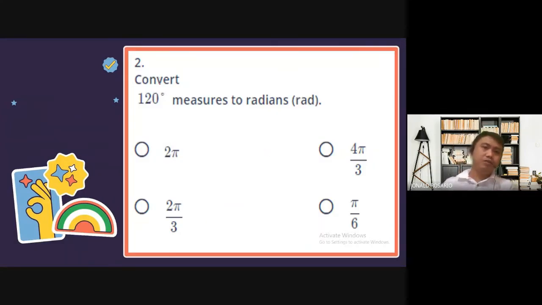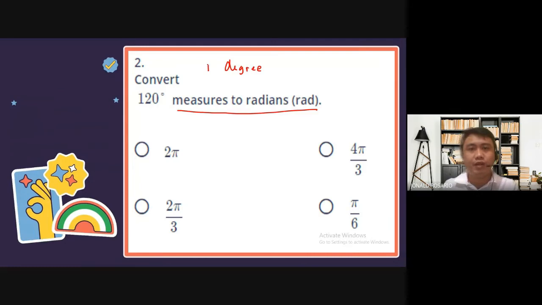Okay, so number 2, we learned also how to convert degree to radian. As for example, convert 120-degree measure to radian. Dalawa kasi ang measures ng ating angle.